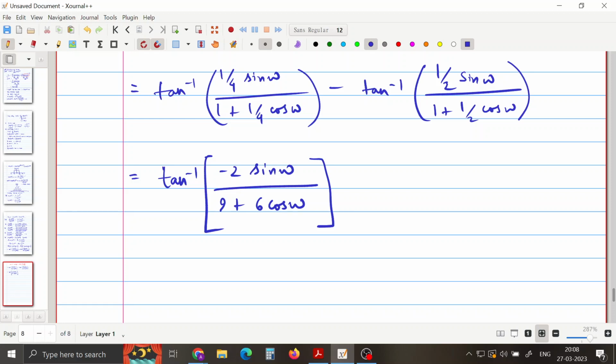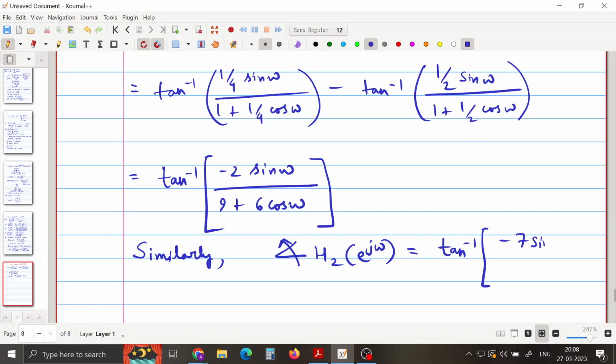And similarly, in the same way, you find the phase of the second system, and you'll observe that it turns out to be tan inverse of minus 7 sin omega by 6 plus 9 cos omega.